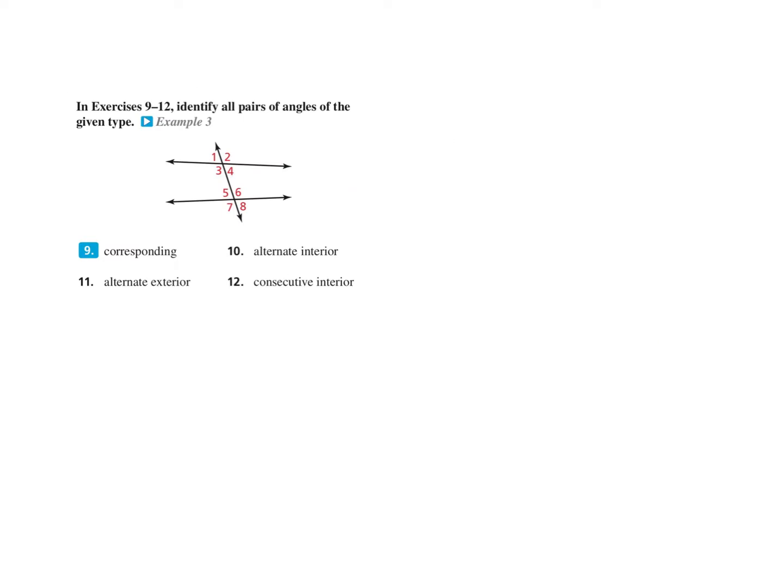Number 9, identify all pairs of angles of the given type. So corresponding. Just like in class, corresponding means same positions. So I'm going to redraw this as one thing here. Corresponding from this intersection to that intersection, if we put one on top of the other, 1 and 5 are here. 2 and 6 are in the top right position.